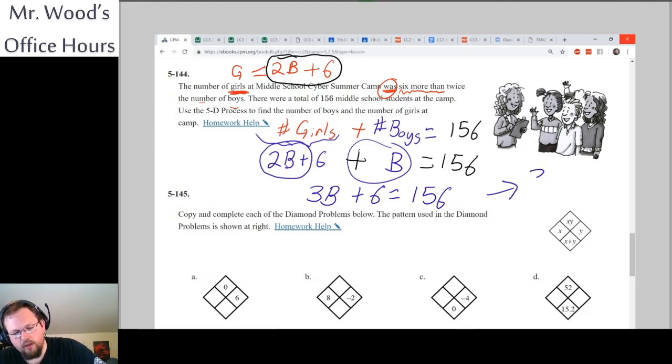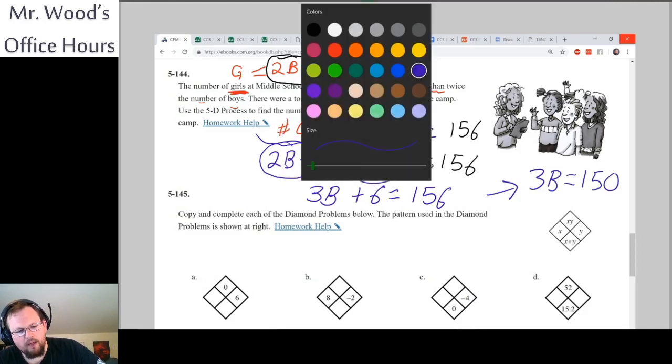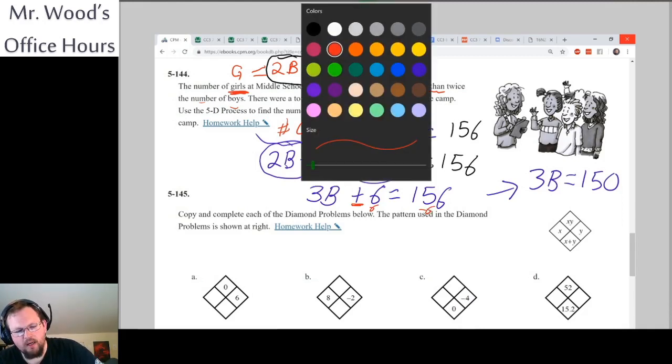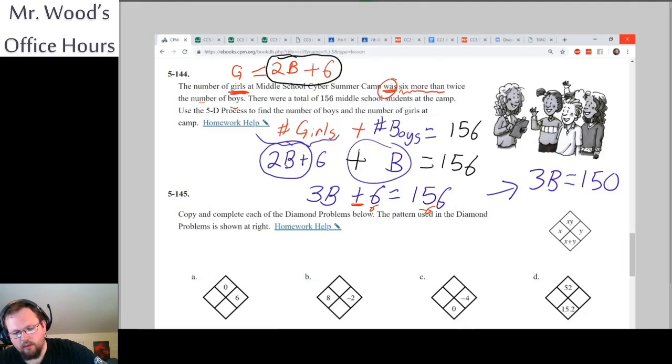So I know that 3 times something has to be 150. If you would like the formal way of doing this, you're removing 6 from both sides. You're subtracting it away as a way of working backwards.